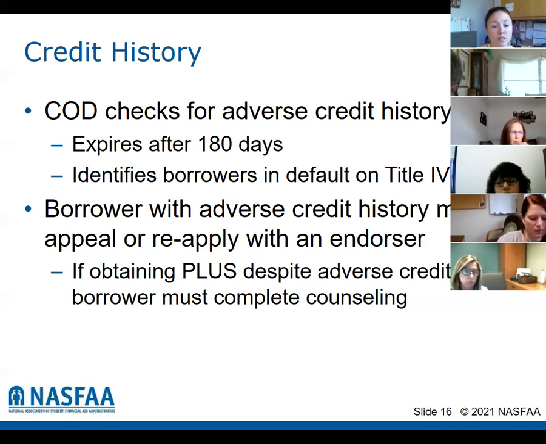It's also hard because they might not want to find an endorser. Nobody wants to have to go out to a family member and say, I got denied for the PLUS loan for my kid for college. Can you co-sign it with me? So if they can get the appeal done without doing an endorsement process, that's helpful.